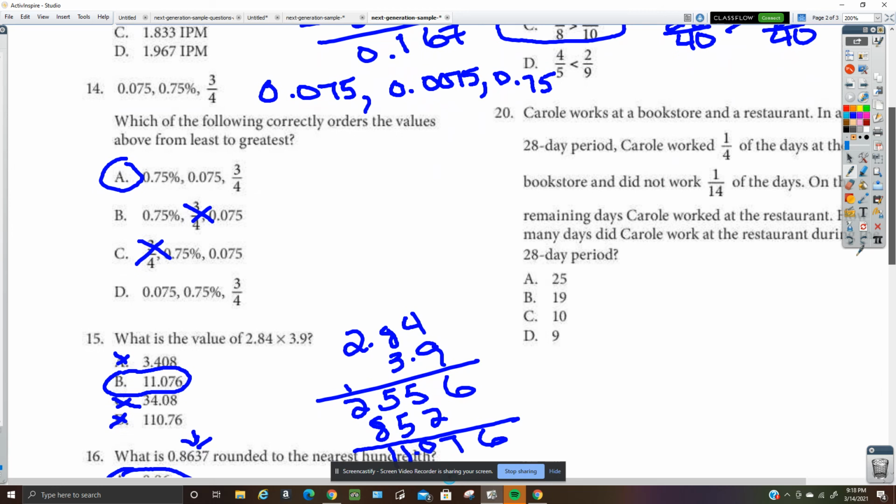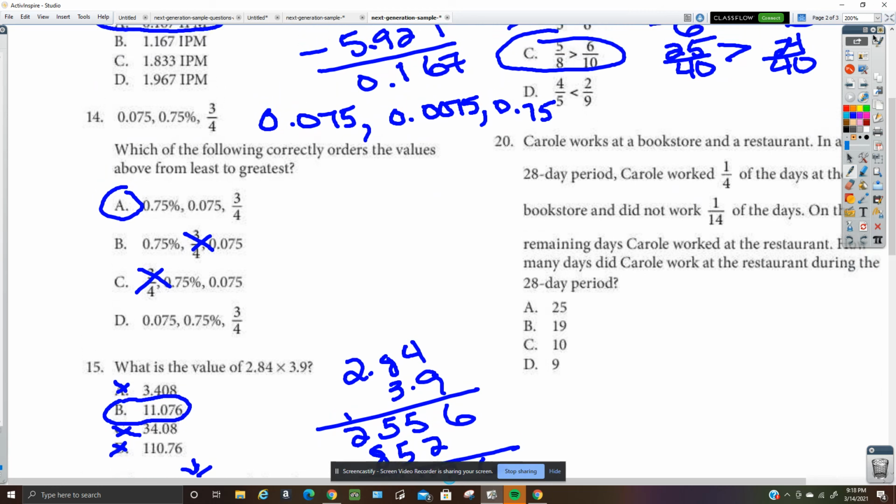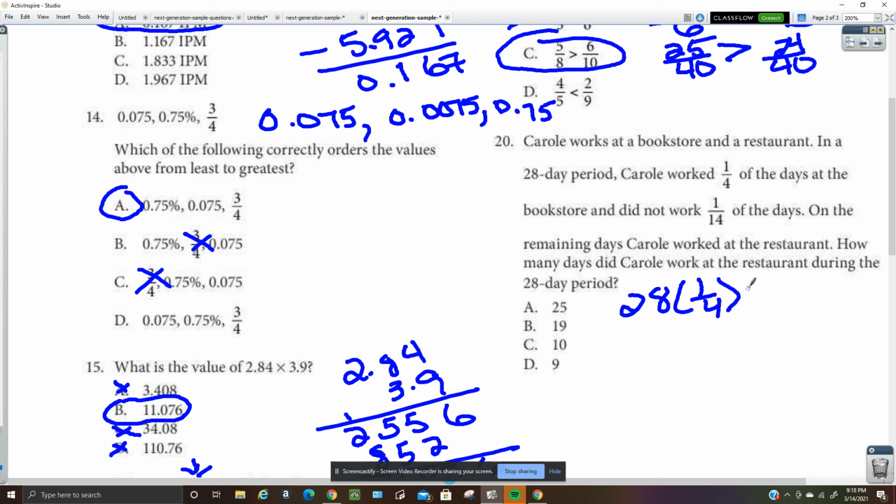And the last one here. Carol works at a bookstore and a restaurant. In a 28-day period, she worked 1/4 of the days at the bookstore. So 28 times 1/4 is 7 days at the bookstore.